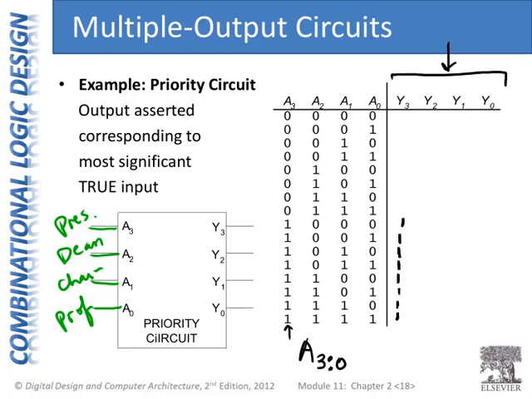So when A3 is 1, Y3 is 1, and nobody else gets it. All of these lower priority inputs don't get it. Okay, so that's cool. When the president wants to reserve that room, the president gets that room. But what about when the president doesn't want the room?